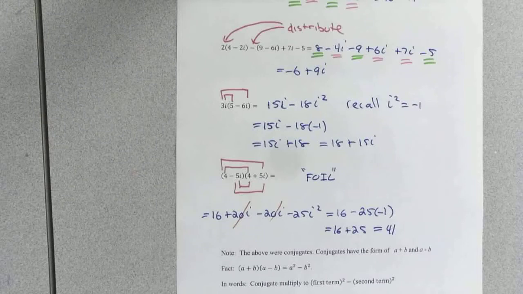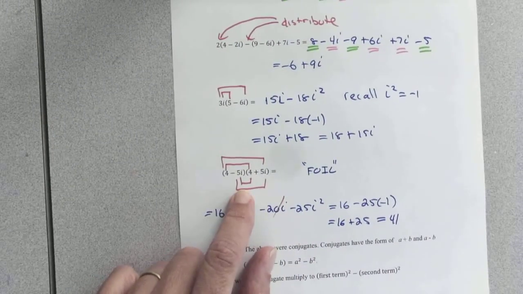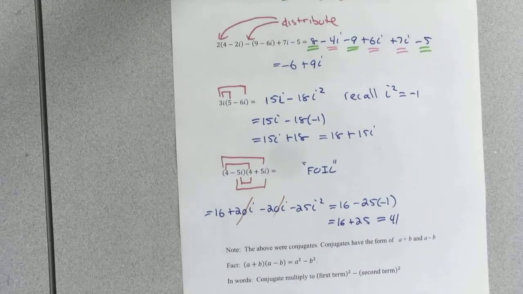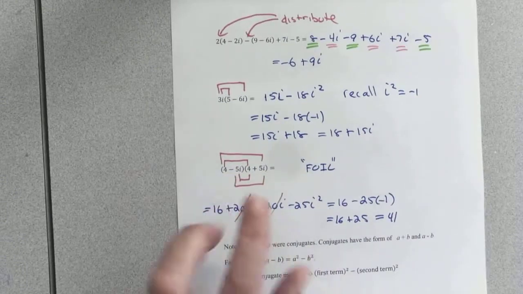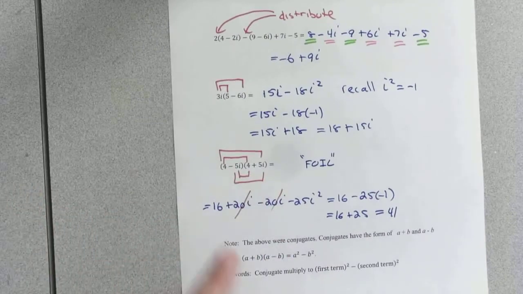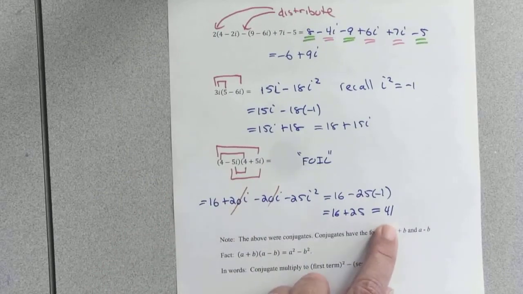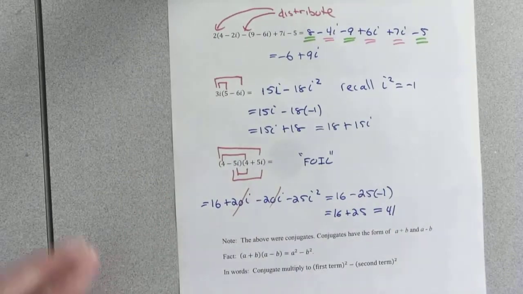And that guy's done. And notice in this one, the i terms happen to cancel. That was not a coincidence. Whenever I multiply complex conjugates, the phrase complex conjugates means complex numbers, things with an i, and then same terms, different signs, conjugate. Whenever I multiply complex conjugates, you will always just end up with a real number result.